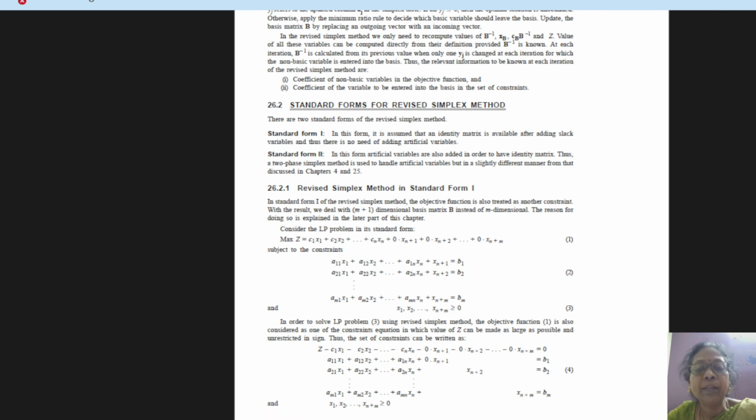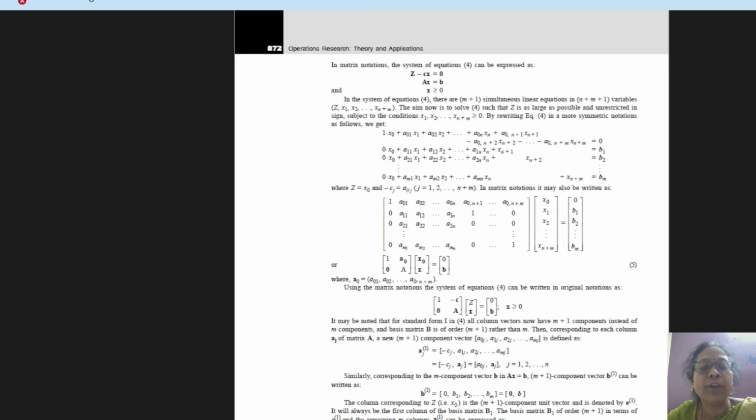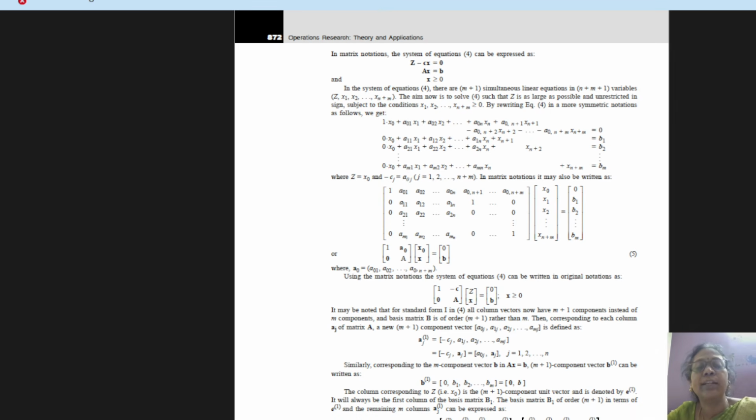Because already you have the basic variables, how many basic variables will you be having? You have only x1 to xm. But if you add the objective function as one of the constraints, you'll have m plus one dimensions.